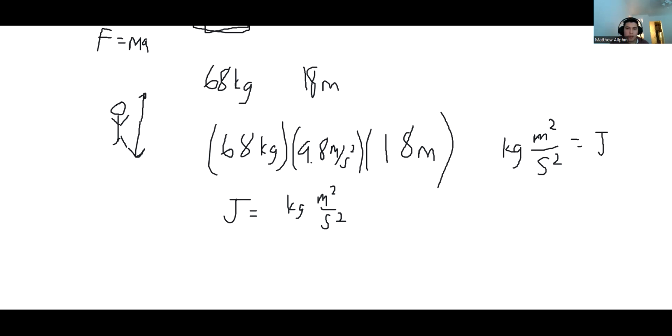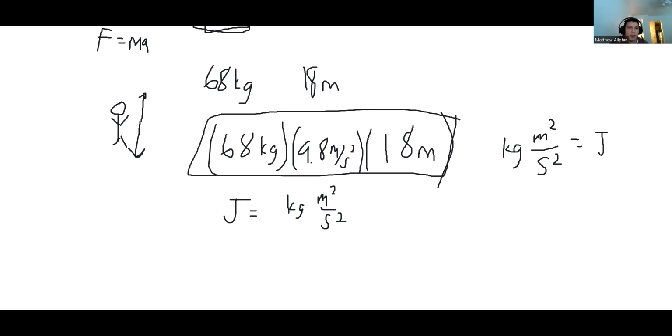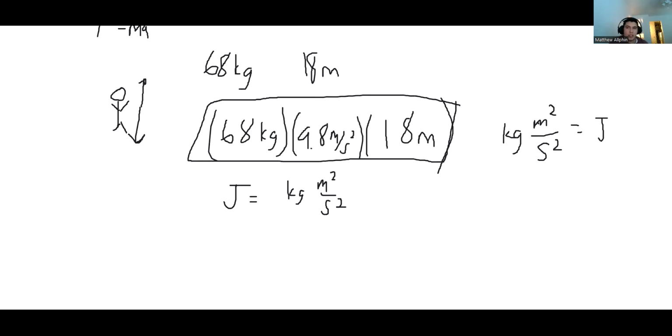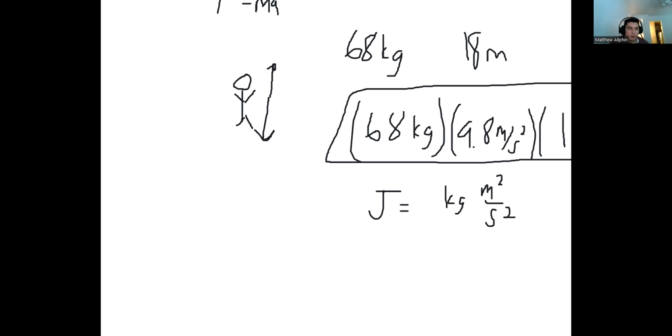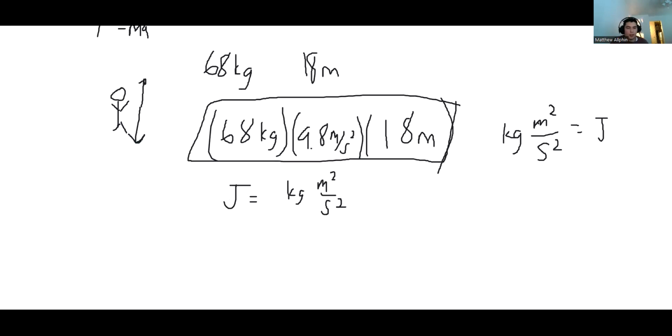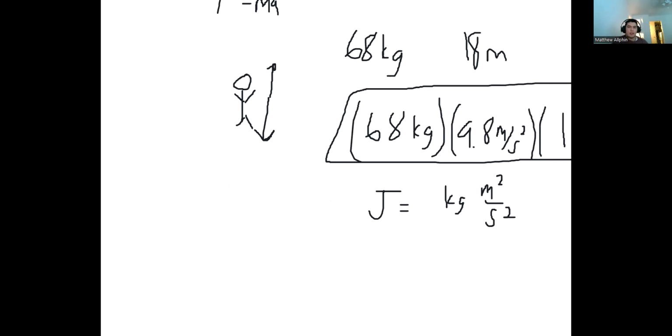I should expect my answer to be in joules since work is being done, and that has to do with energy. If I run that through my calculator, 68 times 9.8 times 18, that's 11,995.2 joules. And that's how much work is done by that person when they climb up the stairs 18 meters.